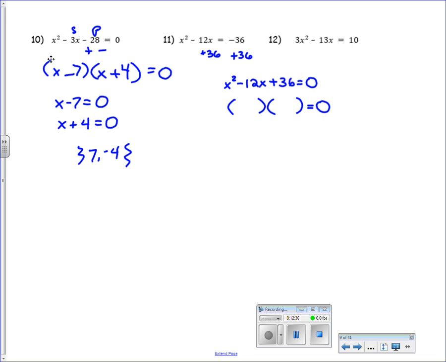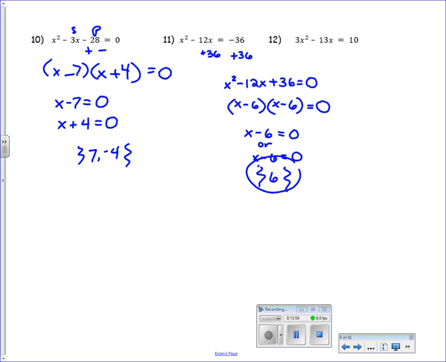And so by doing that, we're going to have x minus 6 and x minus 6, because negative 6 times negative 6 makes 36, and negative 6 plus negative 6 makes negative 12. Notice this is the same parenthesis, so you really don't need to solve it twice, because that's kind of a silly thing to do. So therefore, I'm going to get just one double answer, which we call a double root. And so my answer will be 6.